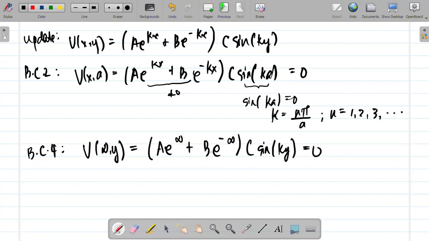So, e raised to negative infinity, 0 yan. Hindi pwedeng 0 to. So, this one, e raised to infinity equals 0. So, class, kailan to mangyayari? Kapag a equals 0.